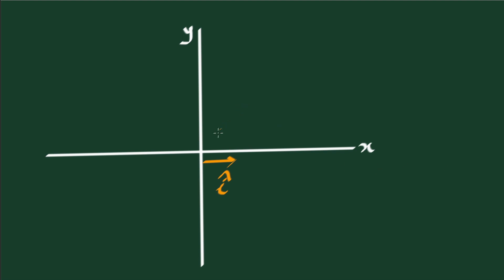Similarly, I'm going to introduce a vector which points in the positive y direction, also of length 1. So a unit vector pointing in the positive y direction, let's give it a name. We'll call it J cap. Now we will see that any vector in the plane pointing in any direction having any magnitude can be represented in terms of these two vectors I cap and J cap.